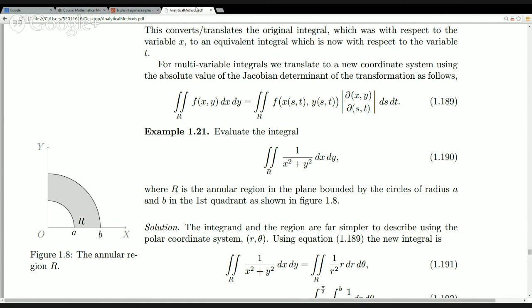So I've just got k sine phi dr d theta d phi. k is just this proportional constant for the density, so the k can shoot all the way out to the front. And there's no r or theta here anymore.